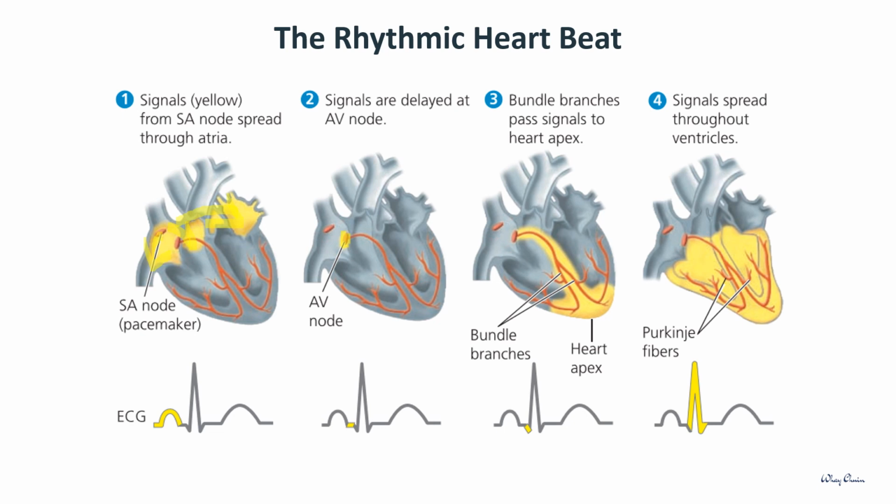The AV node will transmit the impulse to the bundle of His and its bundle branches towards the heart apex. And finally, the impulse will be transmitted throughout the chambers of the ventricles through the Purkinje fibers. The purpose is to make sure the contraction of the ventricles begins from the apex of the heart upwards and forces the blood into the aorta and pulmonary artery.